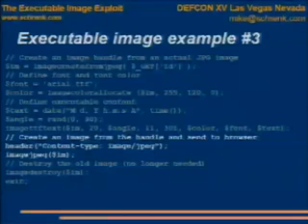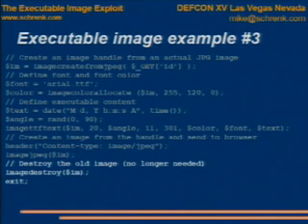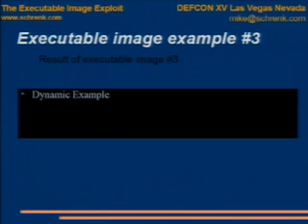Then again, create the header, send the image out, destroy the handle, and exit out of there. So the way this looks, there's a couple of images, and every time I reload the page, you can see the image is different. And again, I'm just showing you this so that you can see how this kind of stuff is done, because you still have to be able to mimic an actual image when you're doing this.